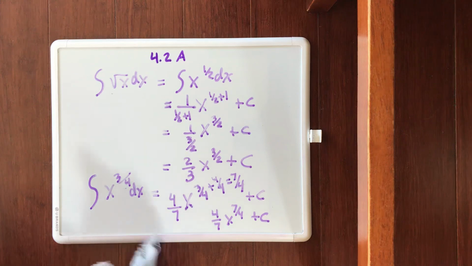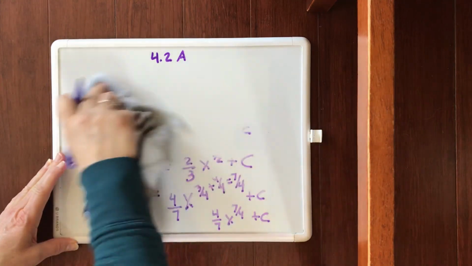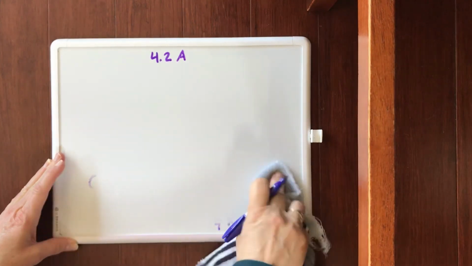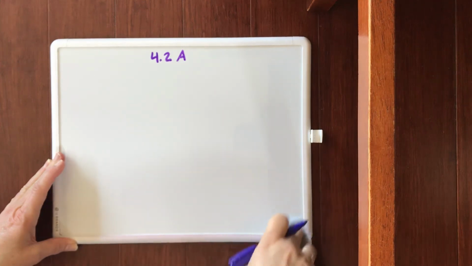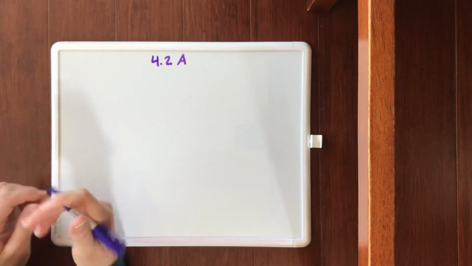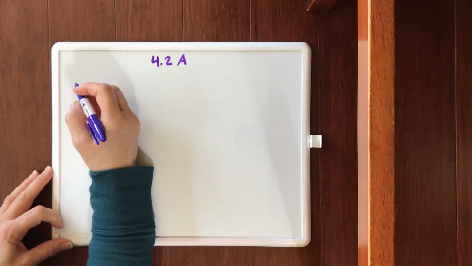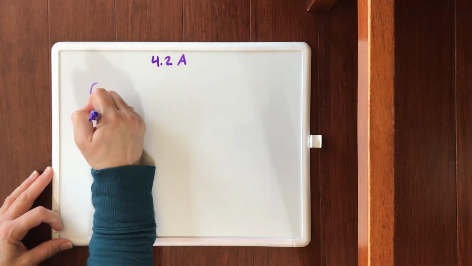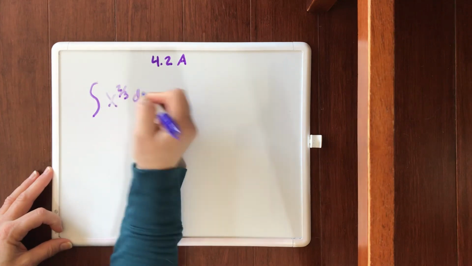Okay, I'm going to do a couple more, and then I'm going to give you your homework for this particular section. Now 4.2 has more than the homework I'm going to give you, but I'd like you to stop this tape and go do this homework and then come back to 4.2b. Okay, so let's do another example. We're going to integrate x to the 2/3 dx.